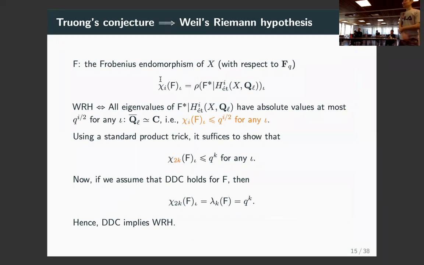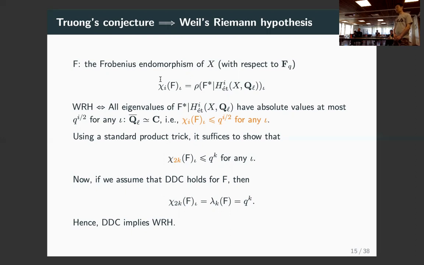Okay, so now the interesting thing is that this conjecture, the dynamic degree comparison, can imply the Riemann hypothesis. The reason is not hard to see, because if we take the Frobenius endomorphism, then because F is a morphism, the i-th cohomological dynamic degree is nothing but the spectral radius.